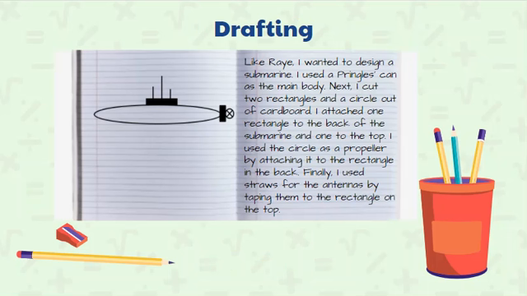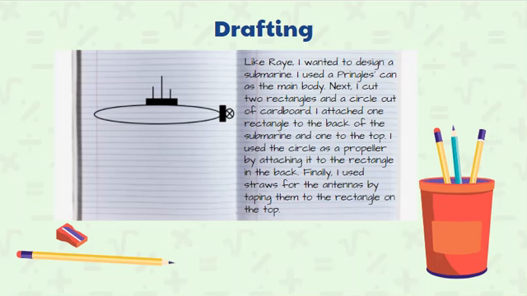Then, model using the writer's composition notebook to draft. You can show the students your draft and read it aloud. "Like Ray, I wanted to design a submarine. I used a Pringles can as the main body. Next, I cut 2 rectangles and a circle out of cardboard. I attached one rectangle to the back of the submarine and one to the top.